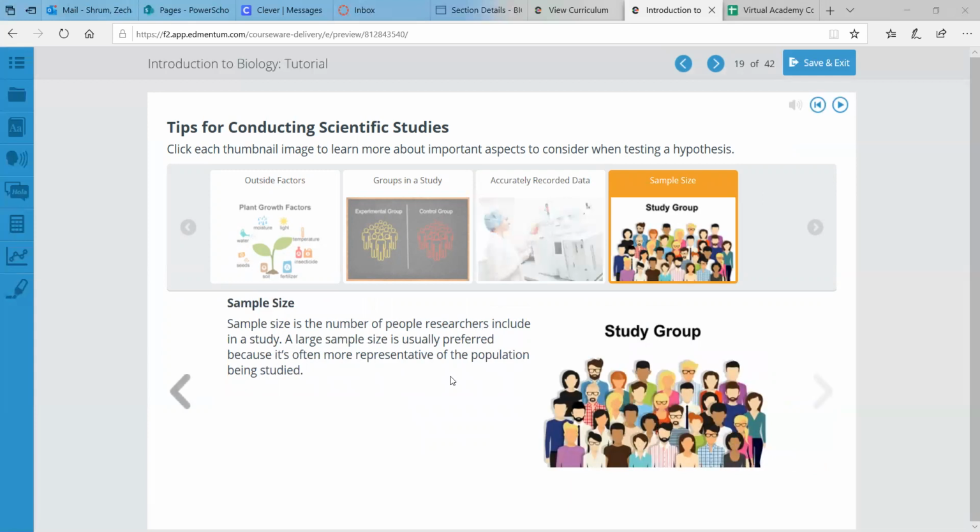Sample size. Yeah, we'll get into sample size a bit later. Some people find this a little confusing, but a sample size is the number of people researchers include in a study. The larger is usually preferred because it's often more representative of the population.